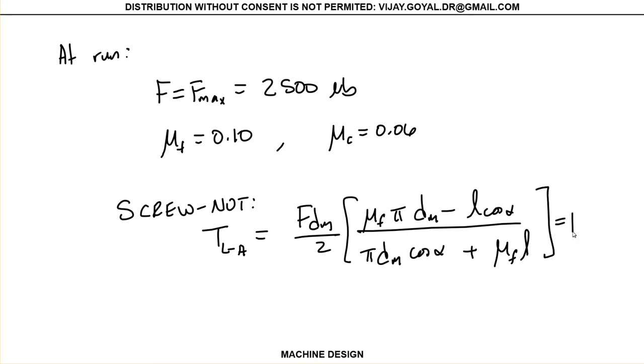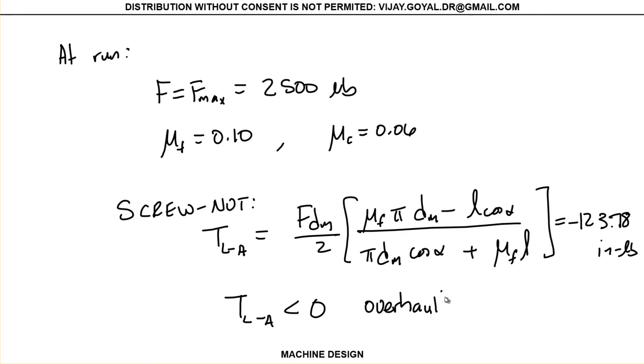This gives you minus 123.78 inch pounds. Also, you can see that even at run, when you're lowering, it gives you a value below 0. Again, this is because it is overhaul. Okay, that's what it really means.